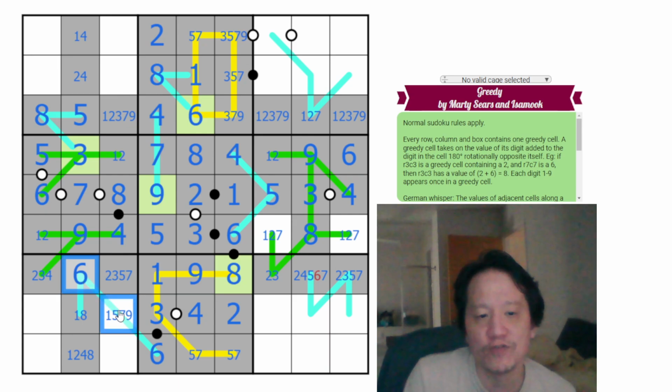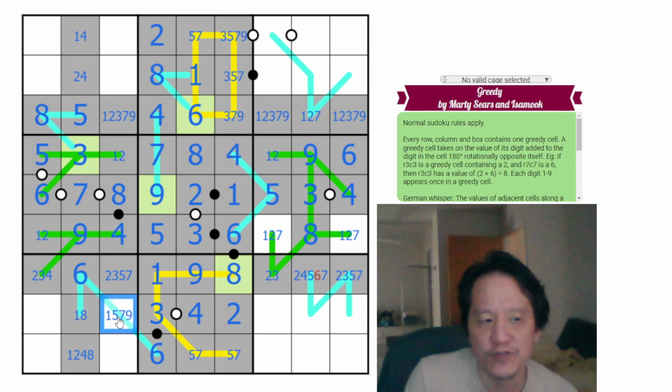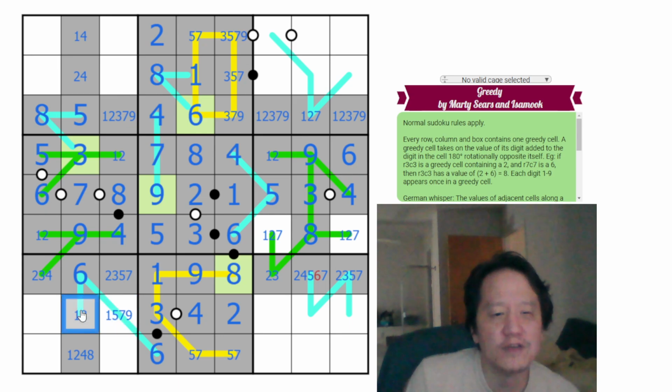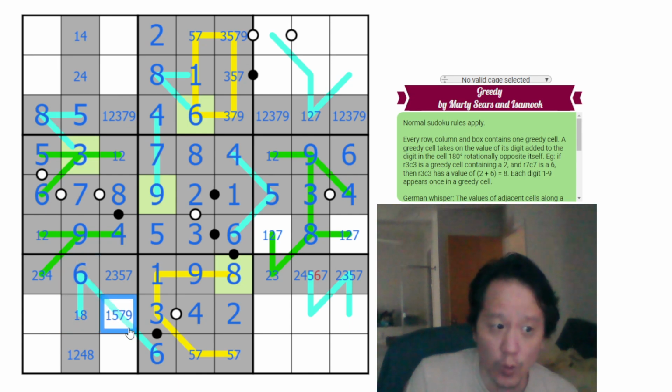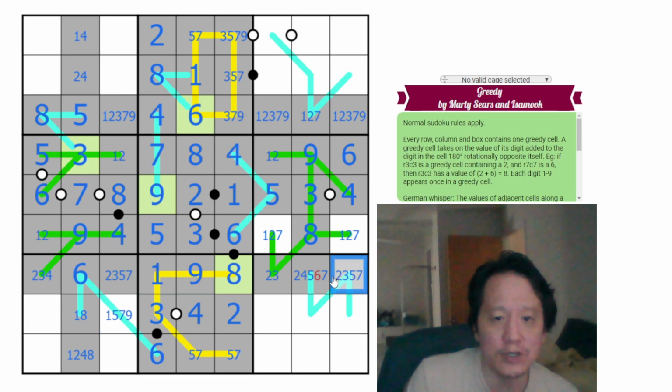So this would have to be a value of 4 or 8, neither of which can be fulfilled. So this would have to be the greedy cell. If this is 1, this is a difference of 5. So this would have to also be 1, or it would have to be 11, which would also be a greedy cell. So either way, that has to be the greedy cell. So we know this is the greedy cell.